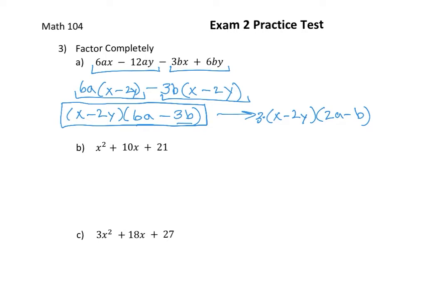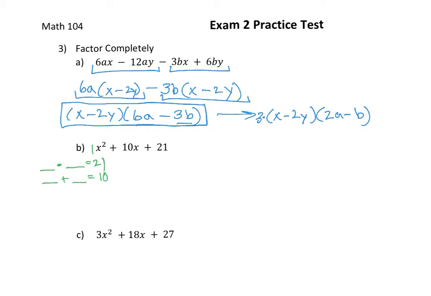All right, on B, this is probably one of the easier ones here. But first, we look for a common factor between x squared, 10x, and 21, and there's not, which is great. Now, because this is a 1 in front of my x squared, I'm really just going to be looking for two things that multiply to get to 21 and add to get to 10.